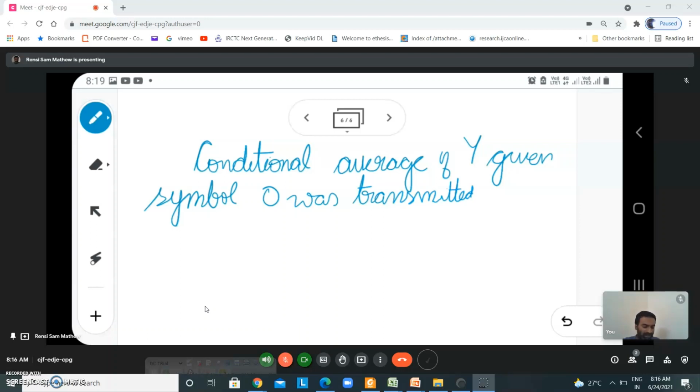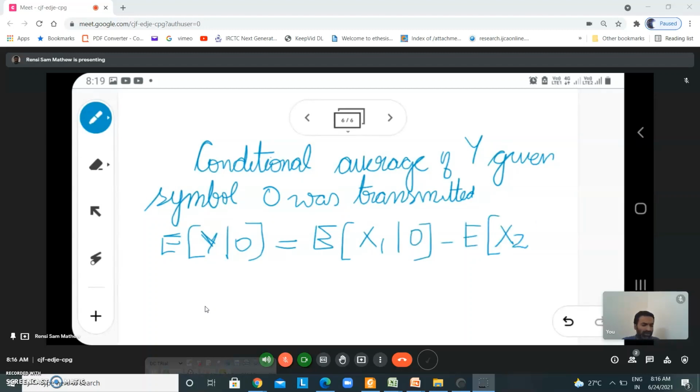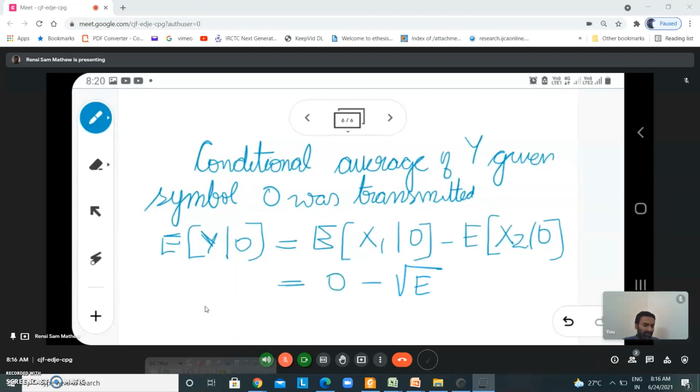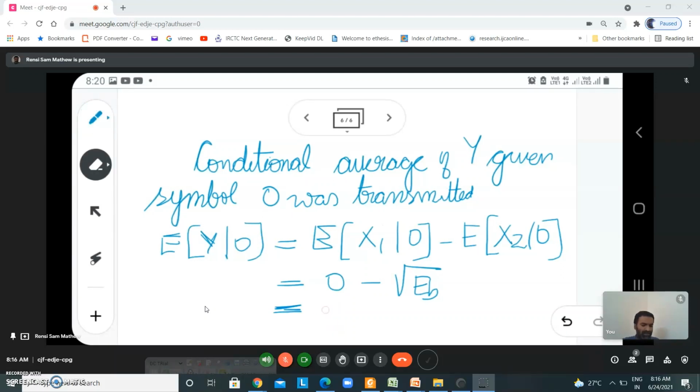Expectation of y given 0 is equal to expectation of x1 given 0 minus expectation of x2 given 0. If 0 is transmitted, the expectation of x1 is 0 and of x2 is square root of EB, so this will give the value minus square root of EB.